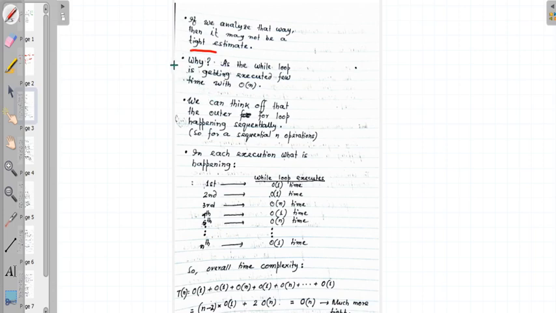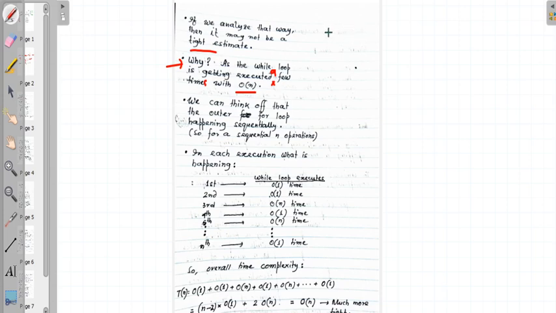So why will it not be tight? As the while loop is getting executed order of n only a few times, a few times with order of n, right? So what we are observing here is that the while loop inside the for loop is executed order of n time only a few times.